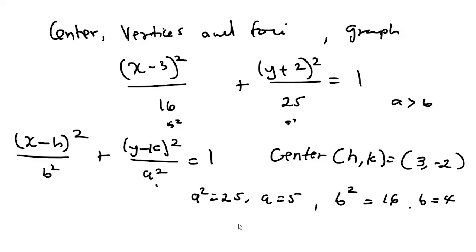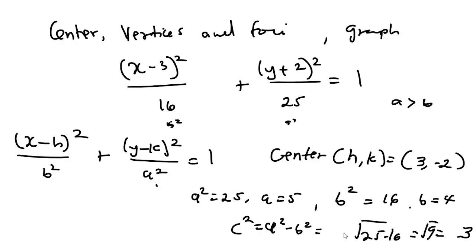And C squared is equal to A squared minus B squared, so this is going to give us the root of 25 minus 16, which is root 9, which gives us 3. So our C is 3.